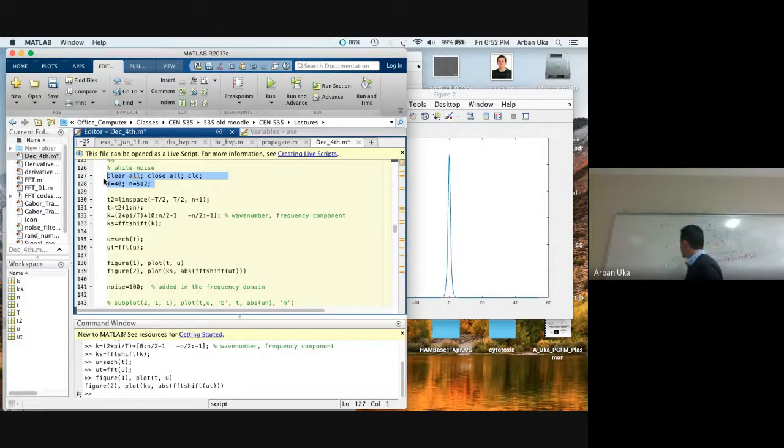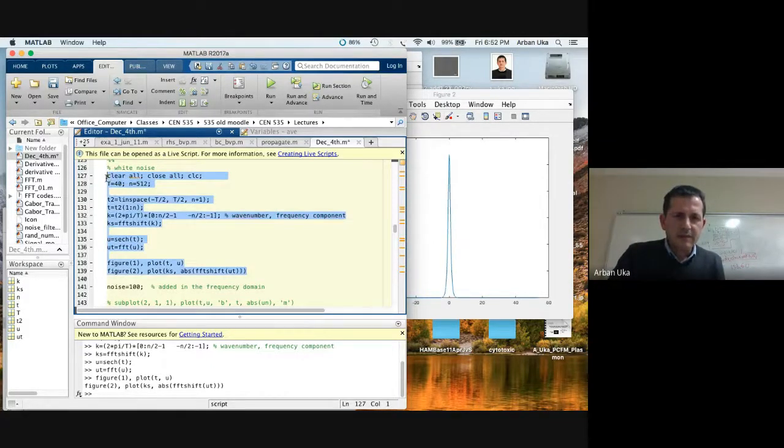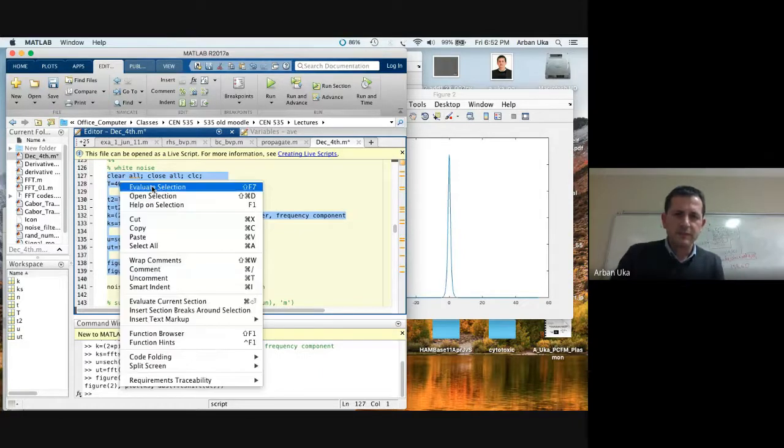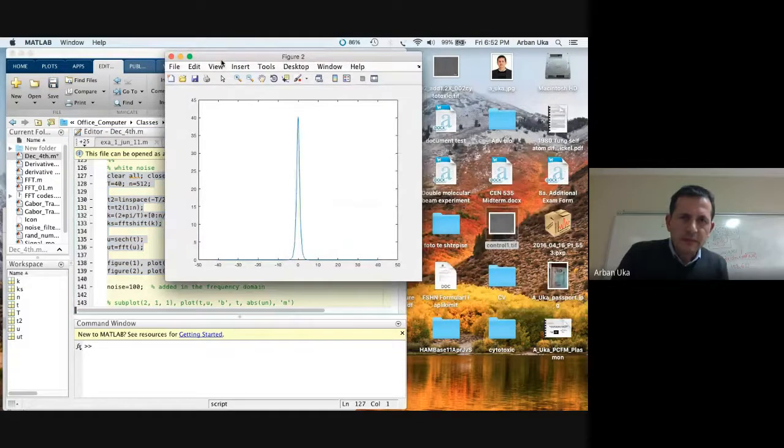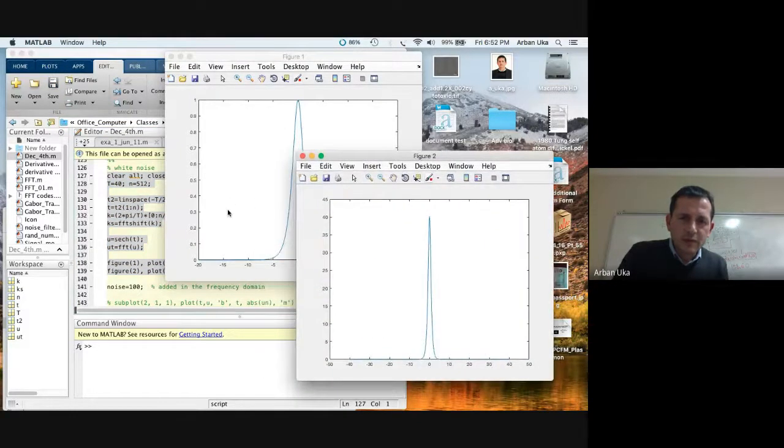So we have 15 and 60. Let's run this again. The first one I got -20 to 50.